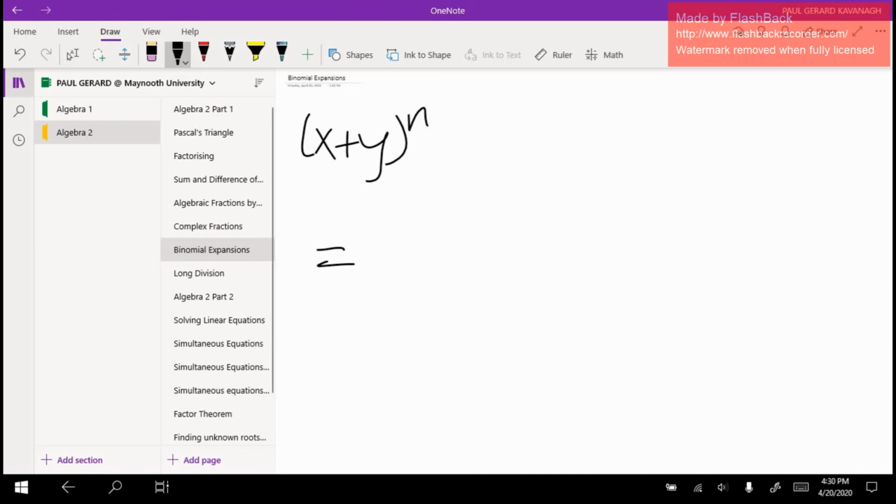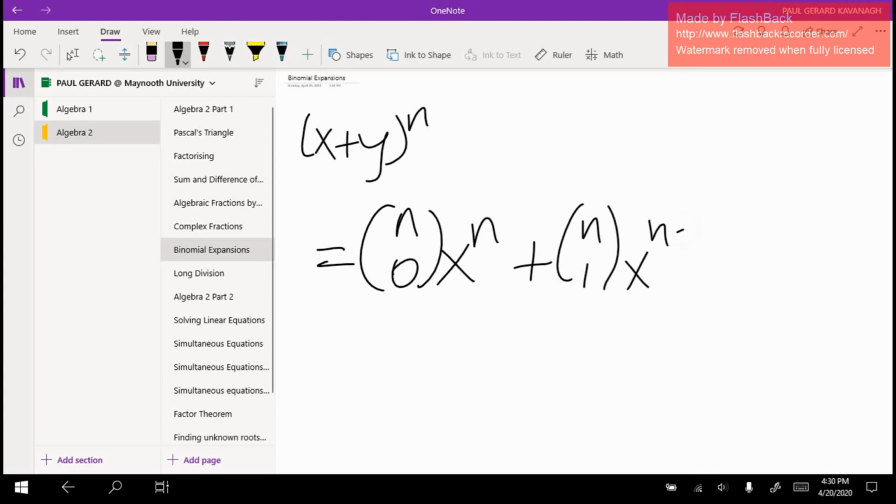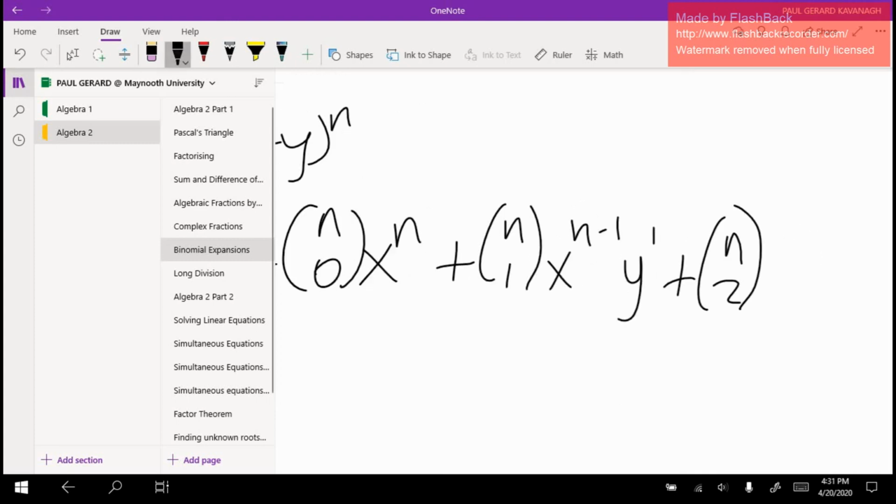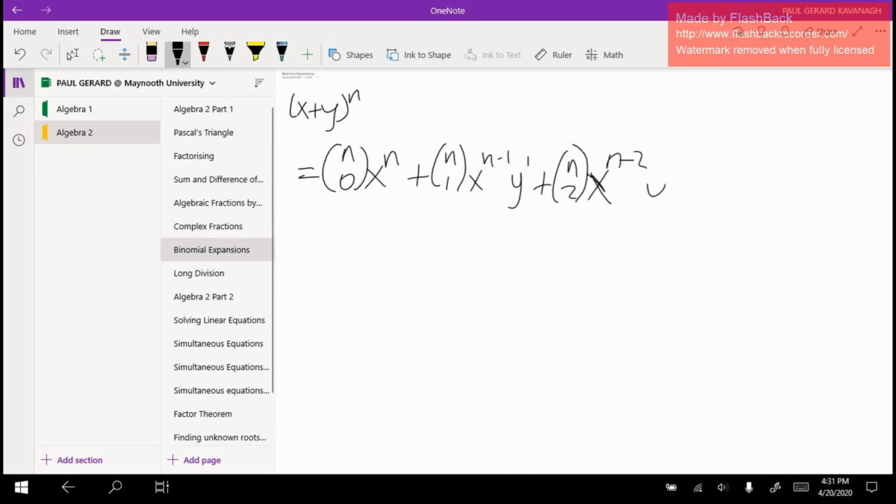x to the n, plus n choose 1 times x to the n minus 1 times y to the 1, plus n choose 2 times x to the n minus 2 times y squared, plus blah blah blah, plus y to the n.